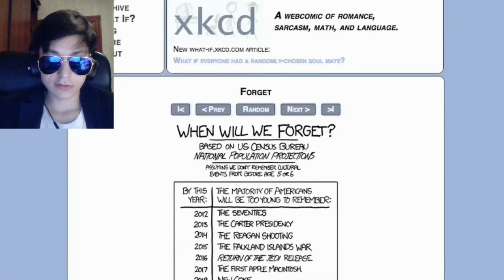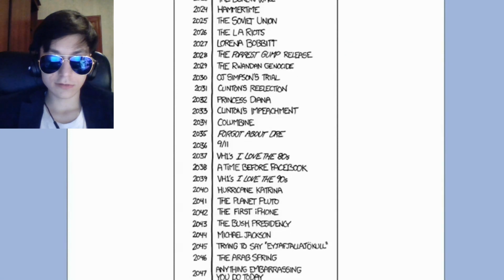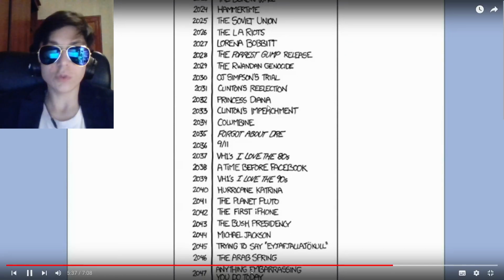If we assume that you don't remember experiencing major cultural events before you're 5 or 6 years old, that means that every year there are fewer and fewer people alive who remember experiencing recent historical events. XKCD made this amazing chart to show when, in the future, the majority, more than half of living Americans will not remember being alive when certain things happen.